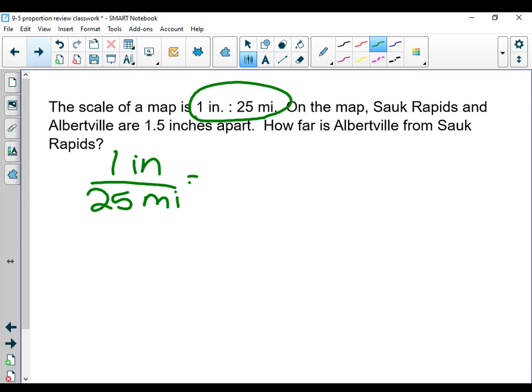I want to match my labels, right? So if there's inches on the top, I'm going to put inches on the top of the other one. I'm missing how far, doesn't really matter what variable, how far in real life is it if I go on my Google Maps and it says 1.5 inches?